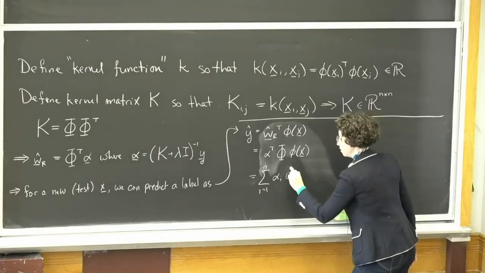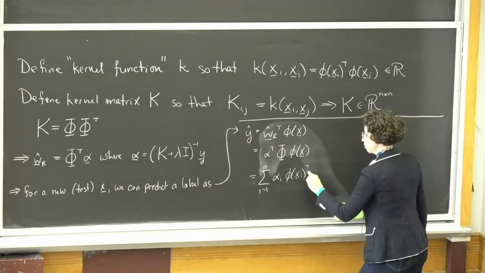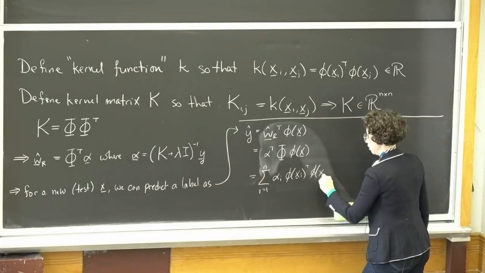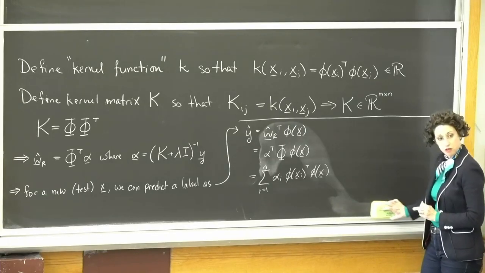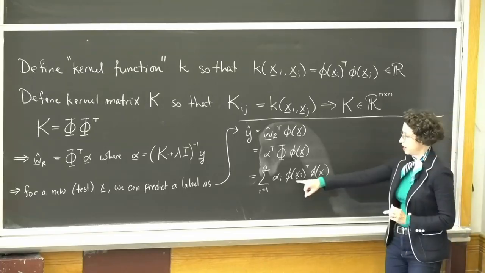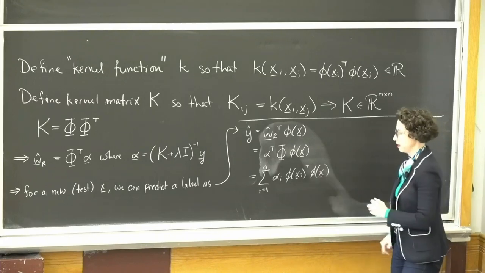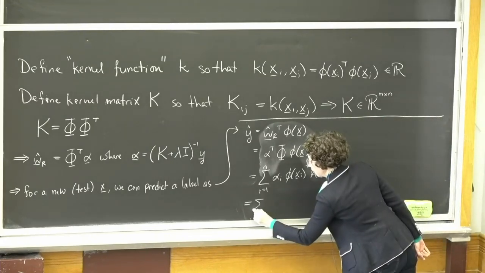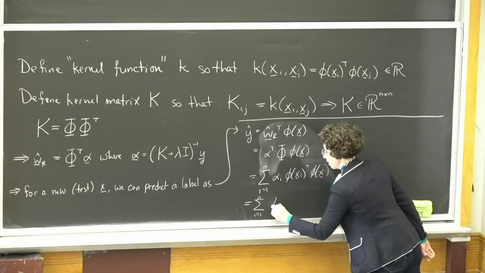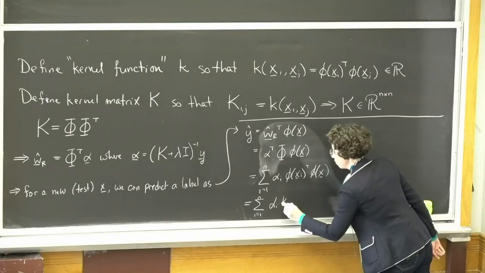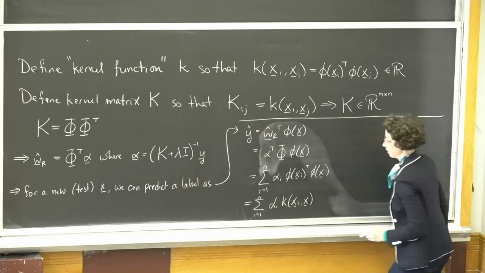So what I have is phi of my ith training feature transpose times phi of my new test feature phi of x. Now, when you look here, you see that in this expression, we just have the inner product of two different phi mappings. And so I can actually write this using my kernel function. So I've got the sum from i equals 1 to n of alpha i times my kernel function applied to the pair x i and my new test feature x.